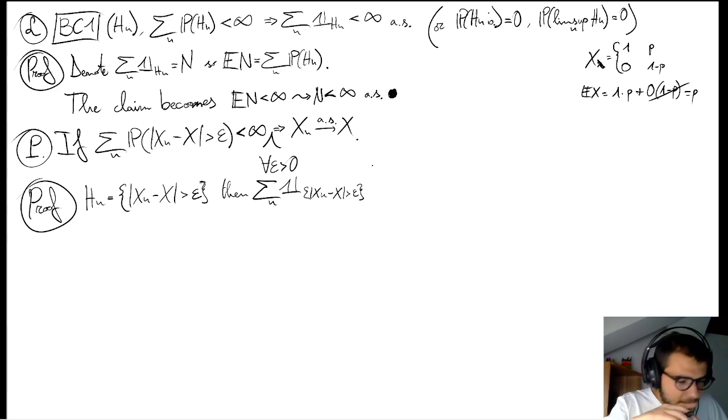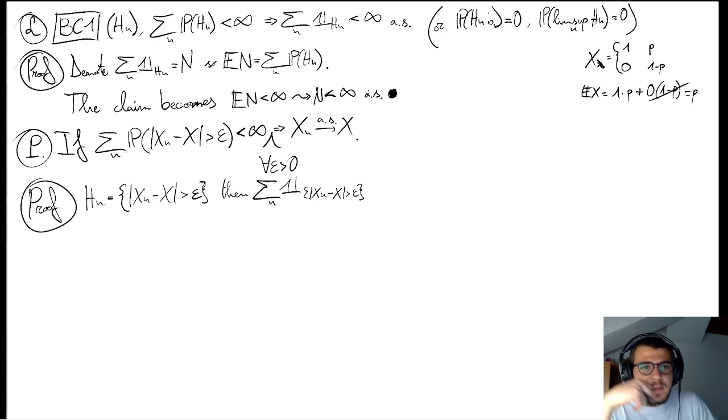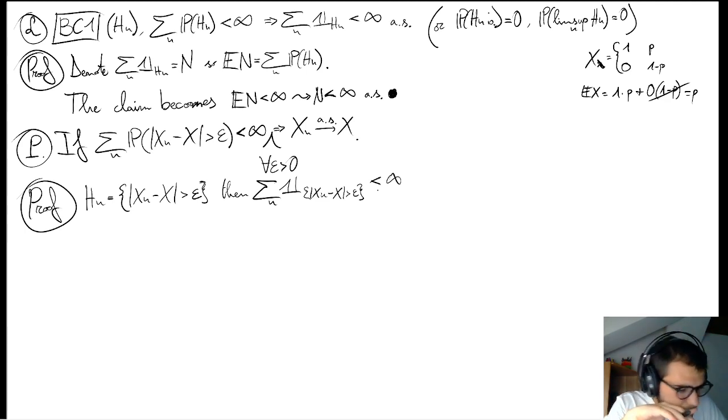what can we say is finite. Why? By the first Borel-Cantelli lemma. And this implies that xn converges almost surely to x.